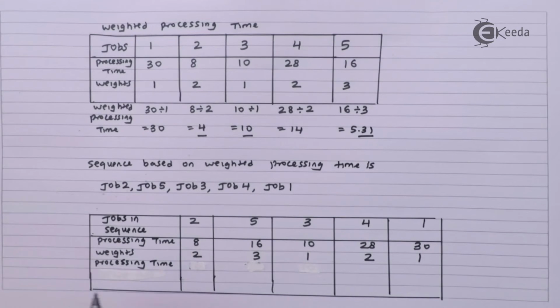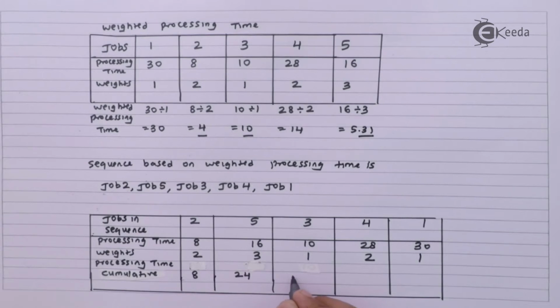What we'll do is I will take cumulative time, so it will be 8, 8 plus 16, 24, 24 plus 10, 34, 34 plus 28, 62, and 62 plus 30, 92.